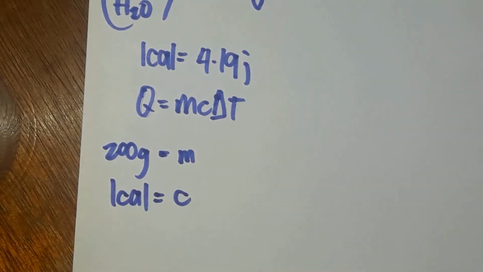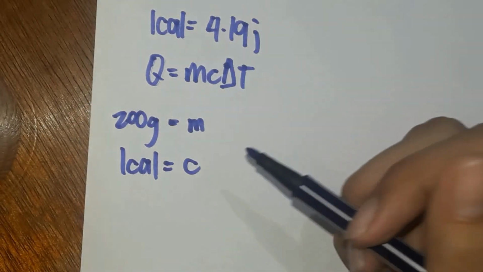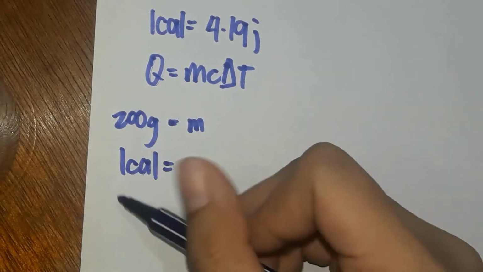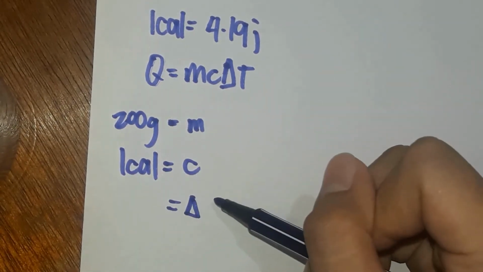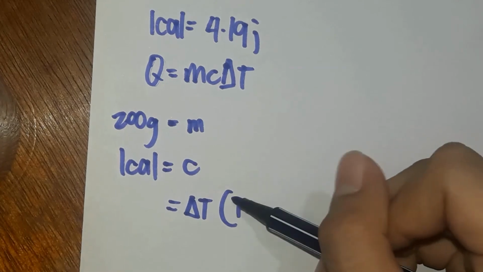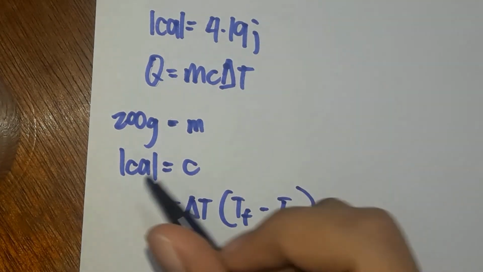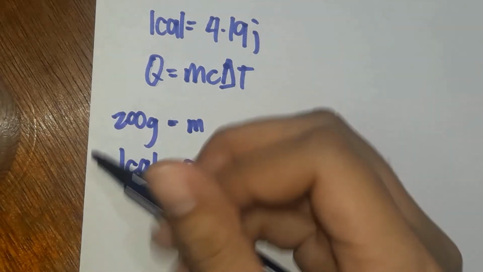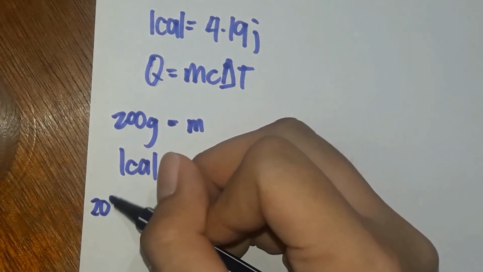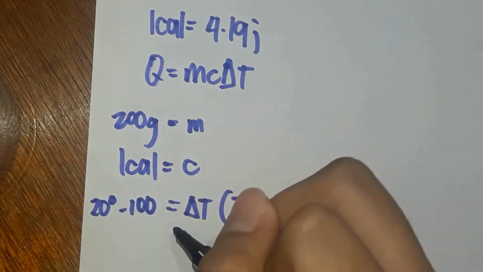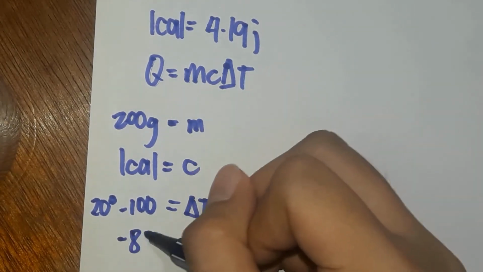This will be our specific heat for water. And the last one is our temperature change. To find it, again, it is the final temperature minus the initial temperature. So we have 20 degrees minus 100, and that will be negative 80.